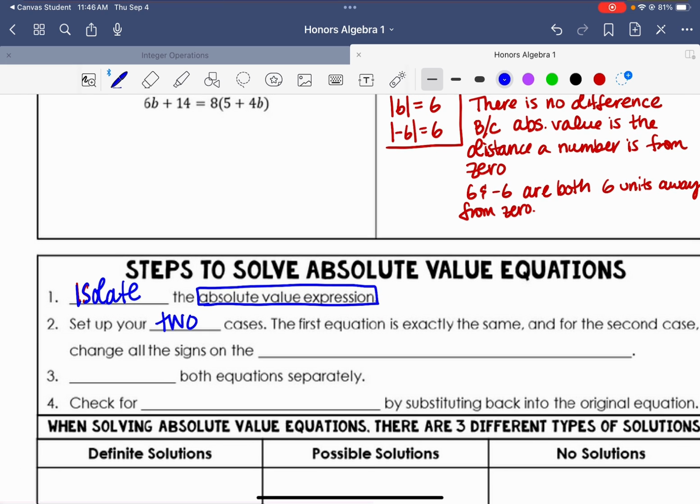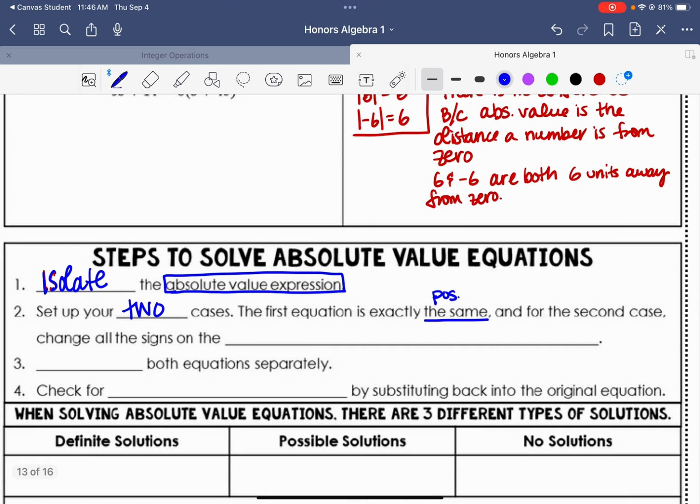One case is going to be the same. That's going to be your positive case. And then the second case, you're going to change all the signs on the non-absolute value side of the equation.